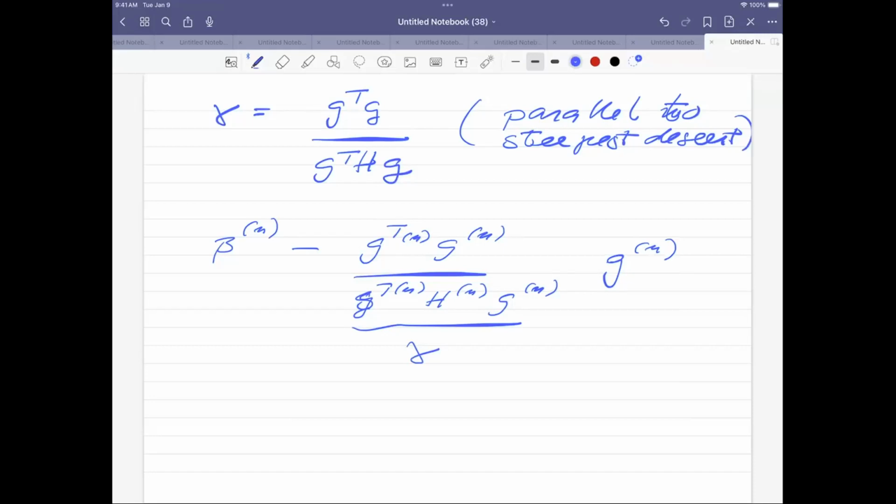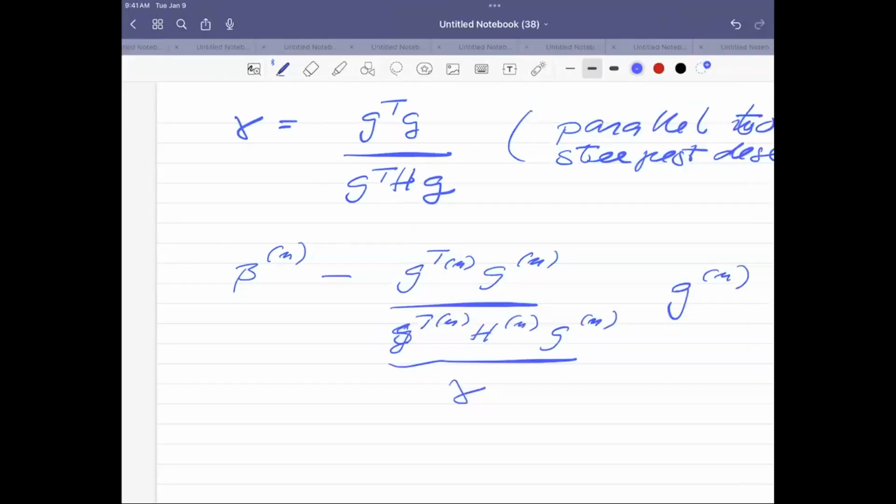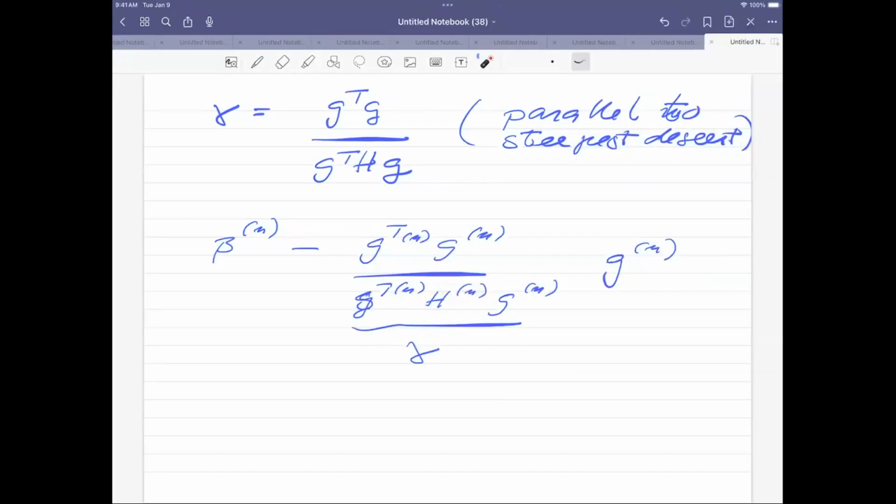To invert a 30 by 30 matrix is a baby case, computationally. However, when you come to neural networks, you have millions of parameters, which means you're updating millions of these, and you have to invert a million times a million matrix. And you don't want to do that.